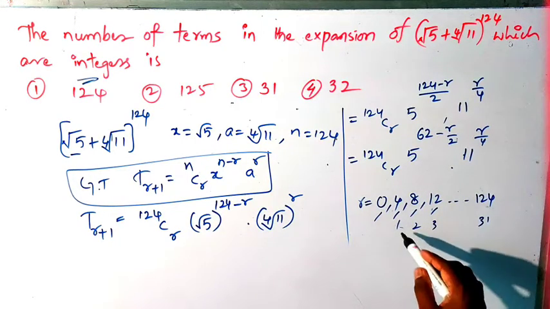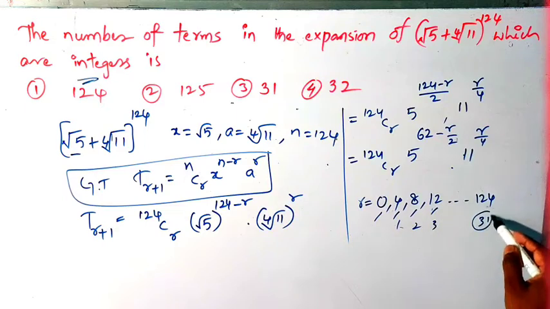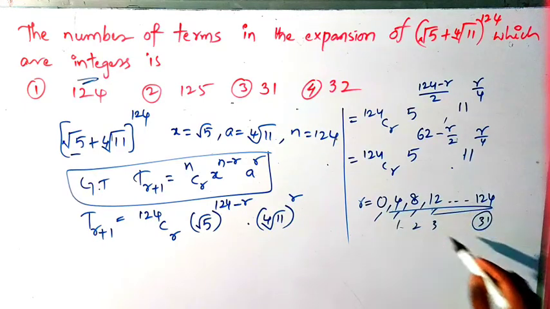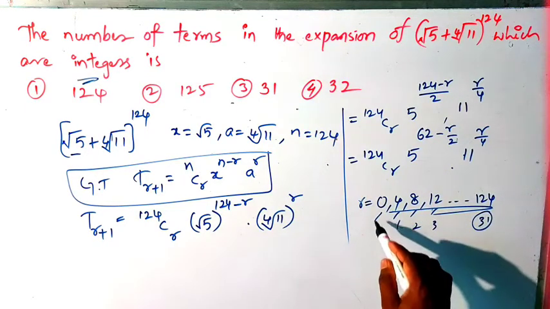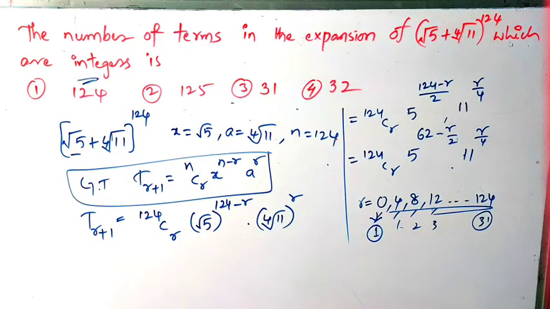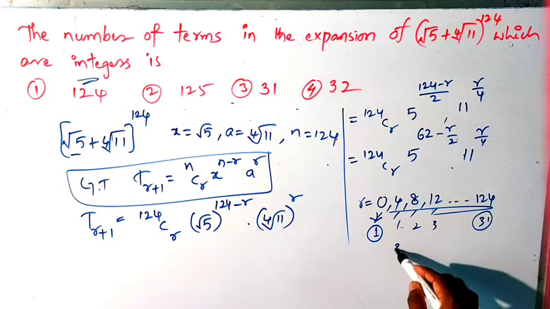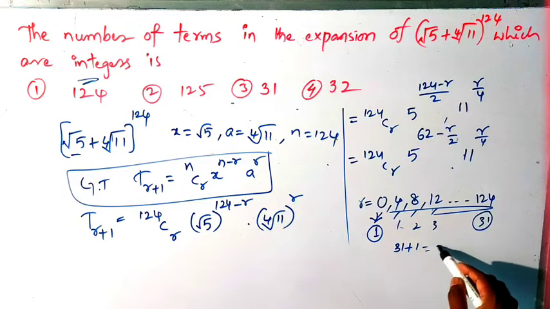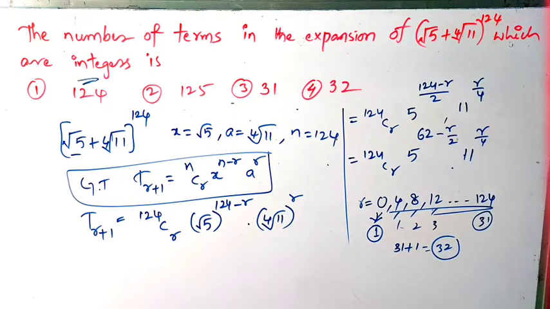So that means 31 terms exist up to this one. Then another one also there, that is 0, one more term, so 31 plus 1, that is 32. So the number of terms of the given expansion which are integers is 32.